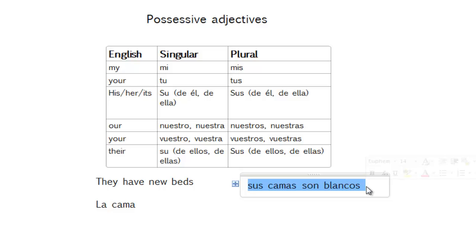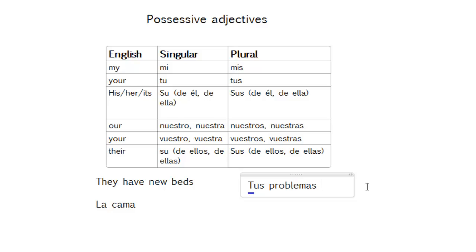Everything is lovely. You never have problems, or tus problemas, as we would say, your problems, tus problemas, not tu problema, tus problemas.